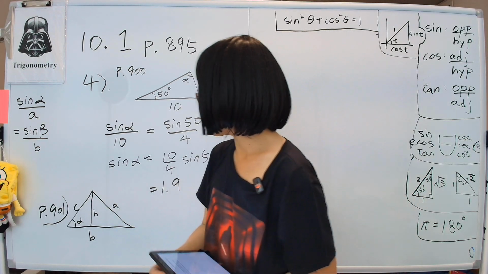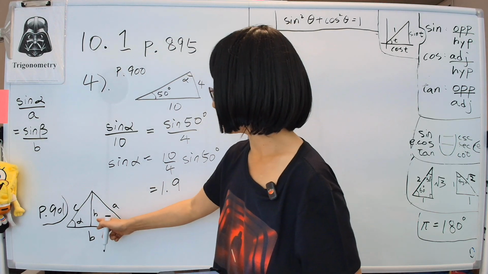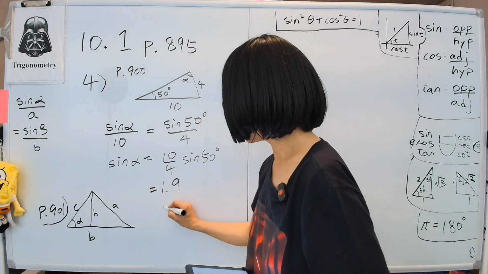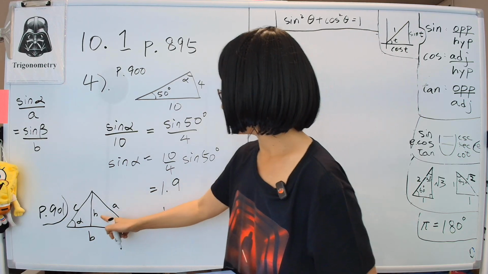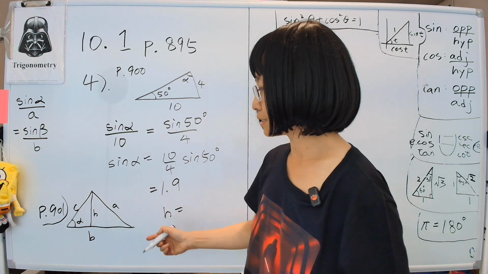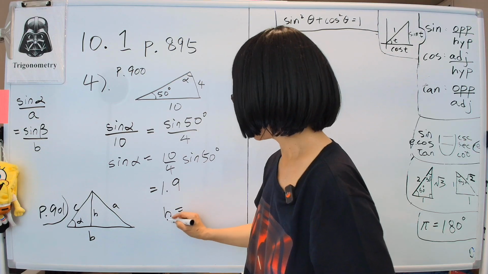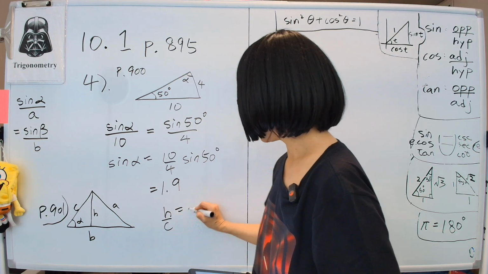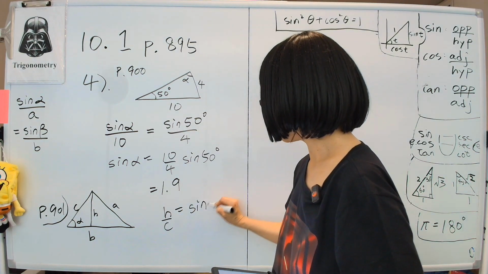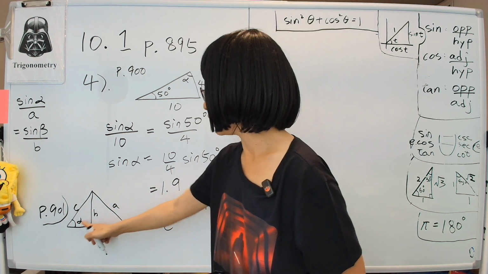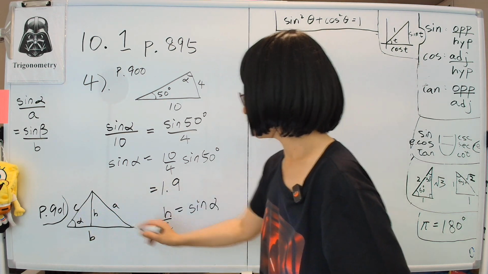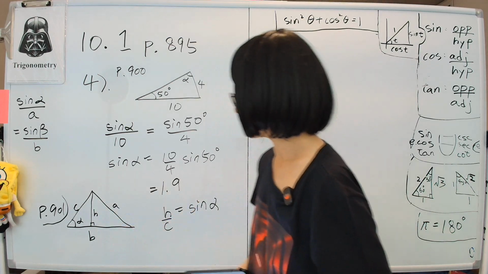Okay, and to calculate the area, we need to know what the height is. And what is the height? The height has to do with sine alpha in the sense that the height divided by c is equal to sine of alpha, right? That is the definition of sine alpha: opposite divided by hypotenuse, being that if this is the height, this is a little right angle here.